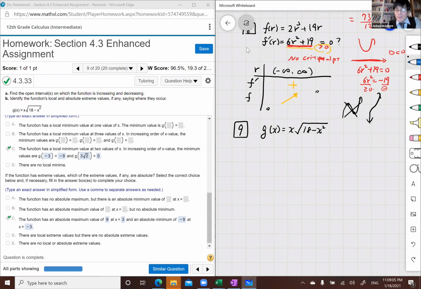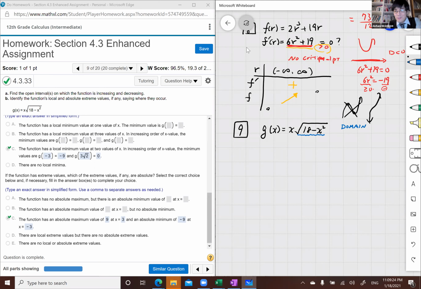Now, when you see the function has fractions or radicals or log, then you must be careful about its domain.